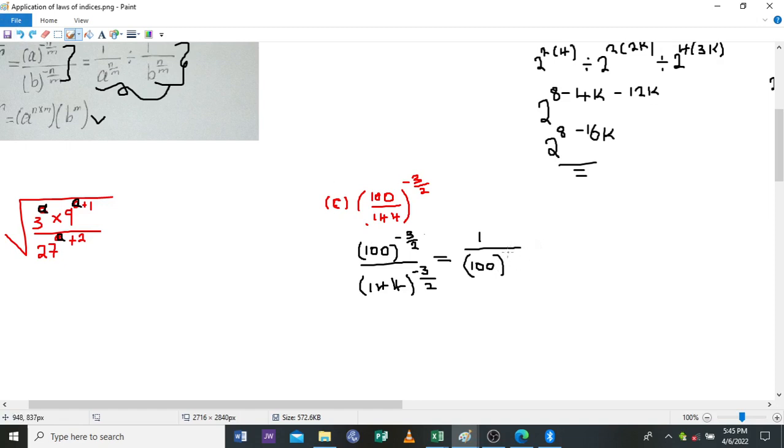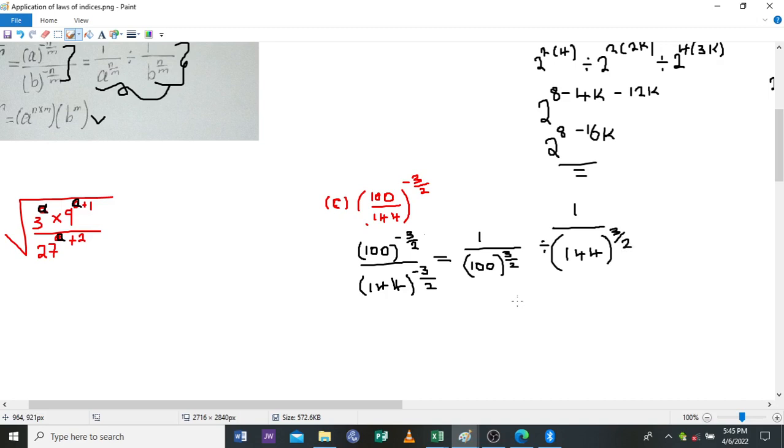That's 100 raised to the power 3 over 2, divided by 144. Now 144, because of the negative power, we have 1 over 144 raised to the power 3 over 2.